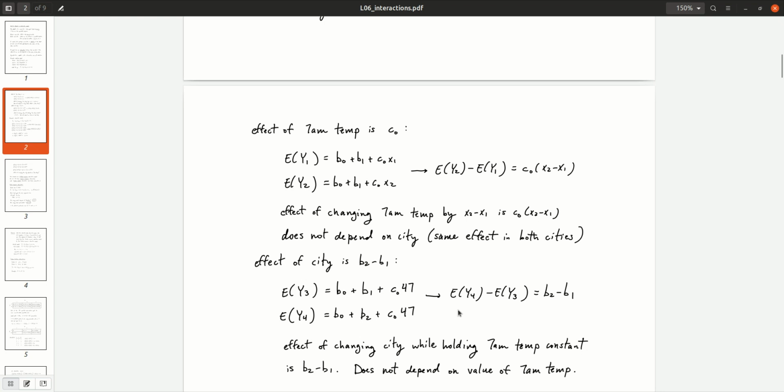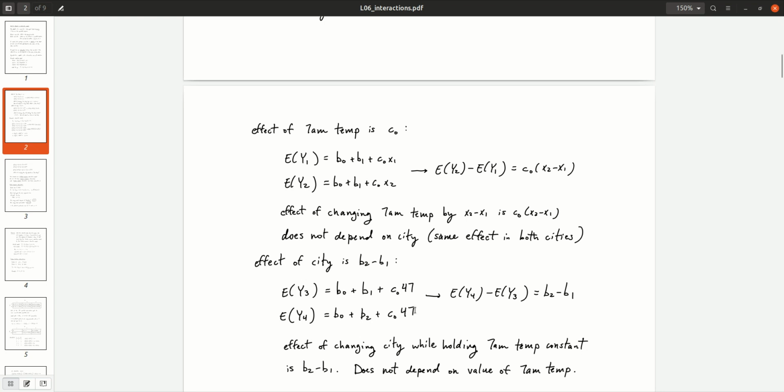If we look at the difference of the expected values, B0s cancel. You get B2 minus B1. And this will cancel as well because we held 7 a.m. temperature constant. And we get the effect is B2 minus B1. Namely, this doesn't depend on the particular 7 a.m. temperature we chose for this example.